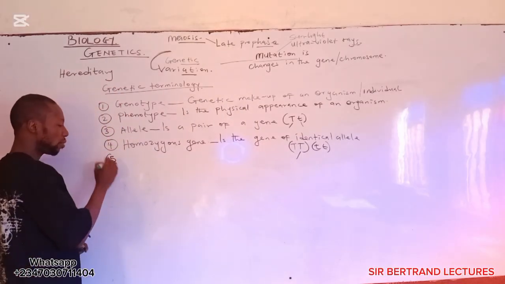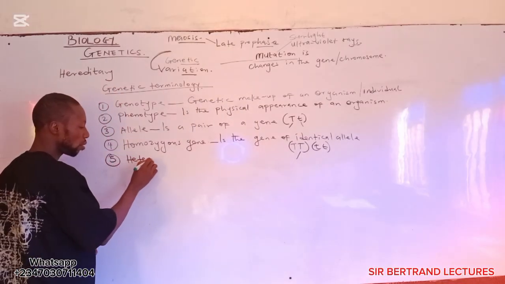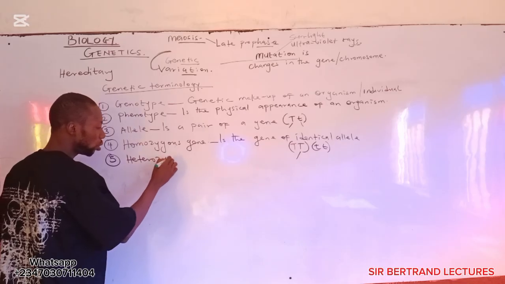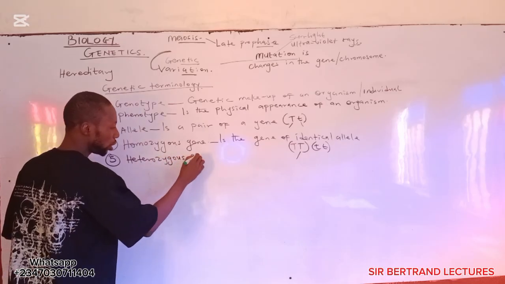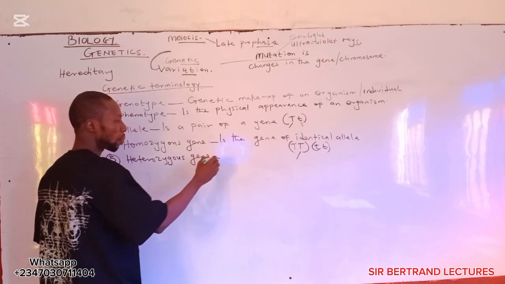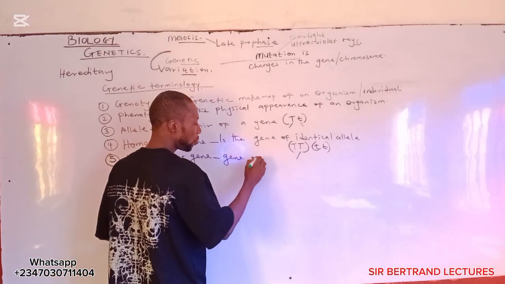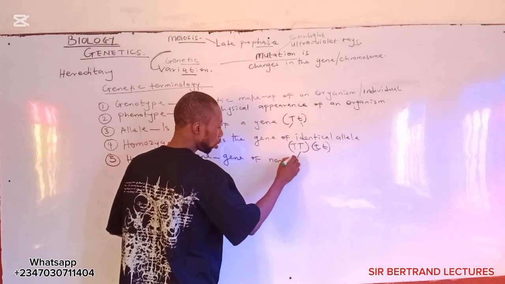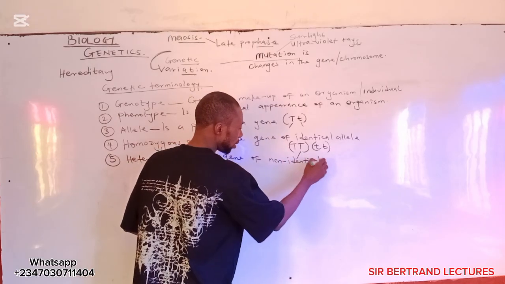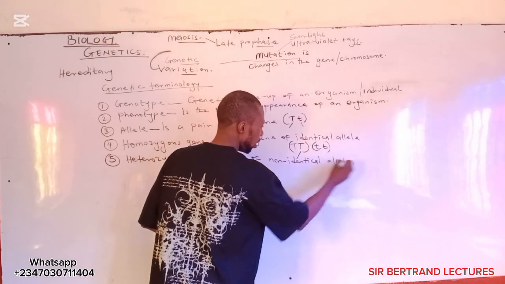Number five, we have heterozygous gene. This is the gene of non-identical alleles.